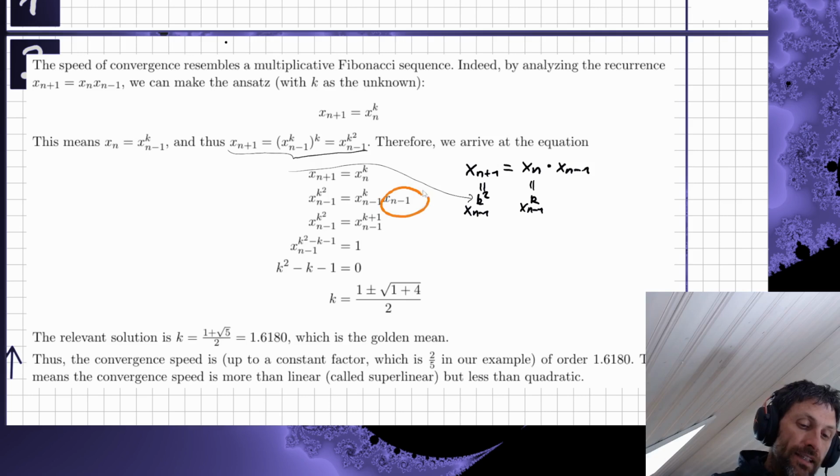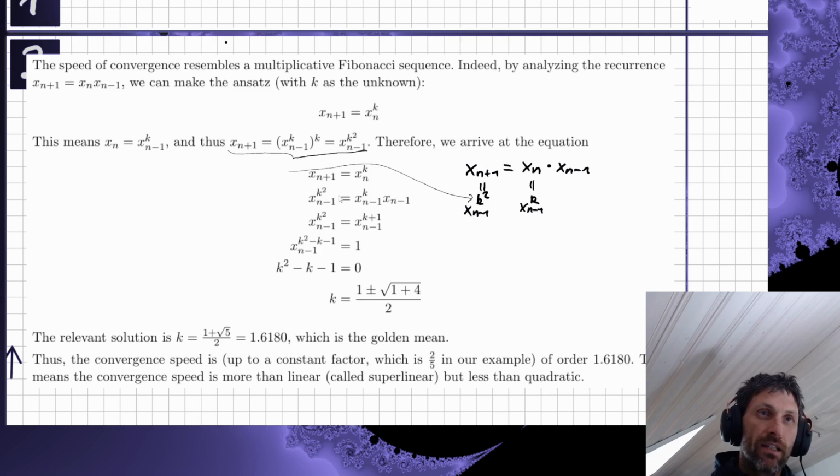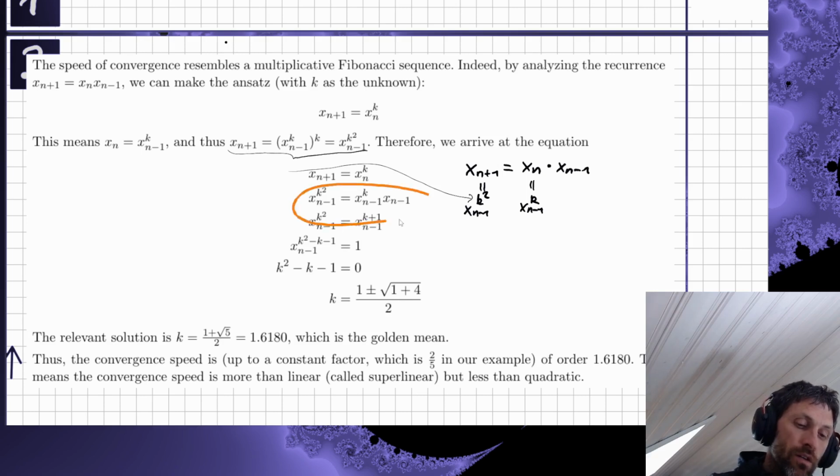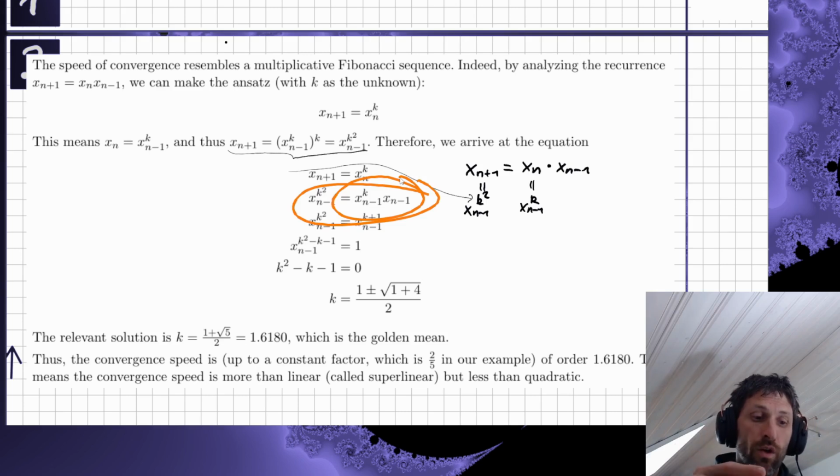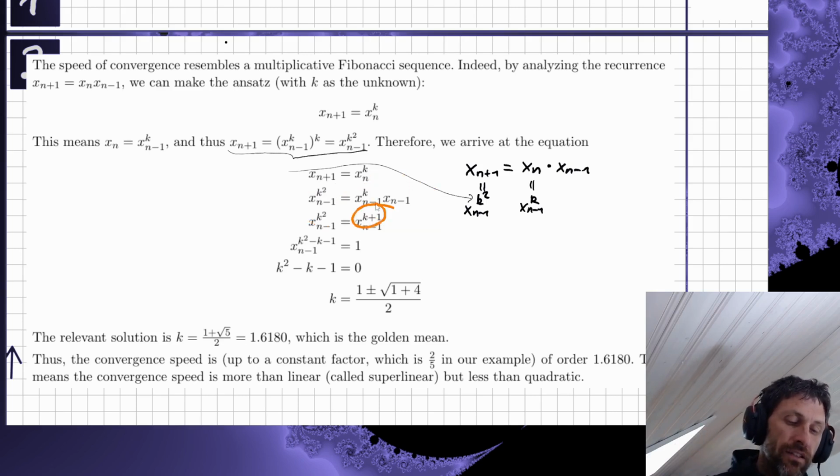What do we have? Xn minus 1, xn minus 1, xn minus 1. All three are xn minus 1, and not as it was xn and xn plus 1. So multiplying something to the power of k times something to the power of 1 is something to the power of the added exponent, so k plus 1. Divide the equation by that, and then you get k squared minus k minus 1 on the left hand side and 1 on the right hand side.